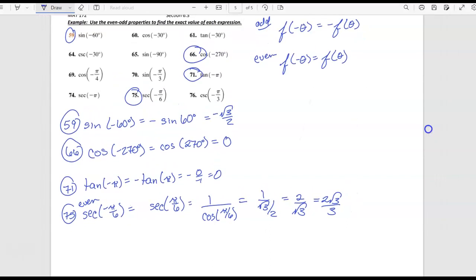And I just want to look at maybe just a couple more. So you write in this space.